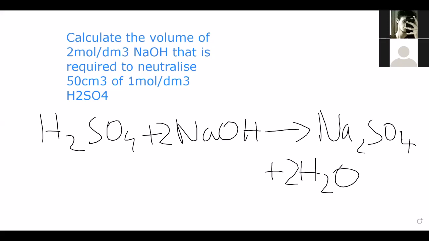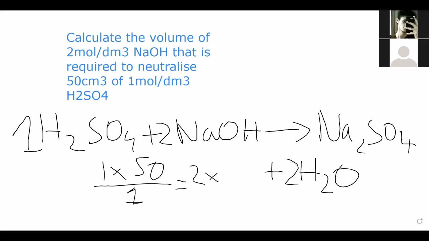So we have the concentration of the acid as 1 into the volume of acid as 50. Now in the balanced chemical equation, the number of moles of acid are 1, so we'll write 1 here equals to, we have the concentration of the alkali as 2. We need to find the volume of the alkali, and the number of moles of the alkali in the balanced chemical equation are 2. So the volume of the alkali is coming equals to 50 centimeter cube.